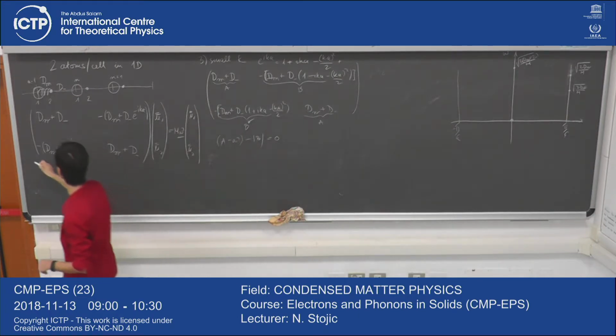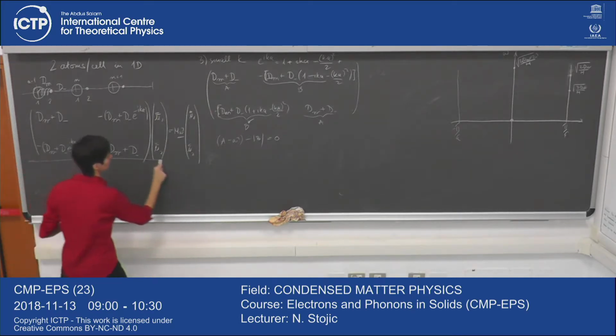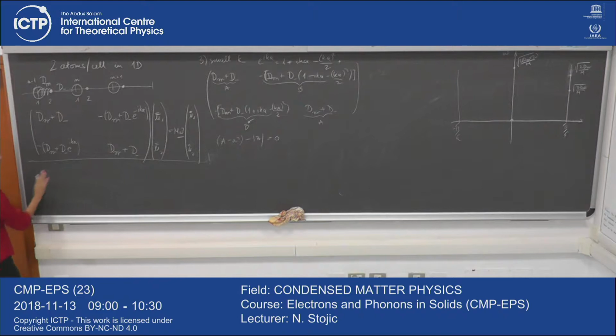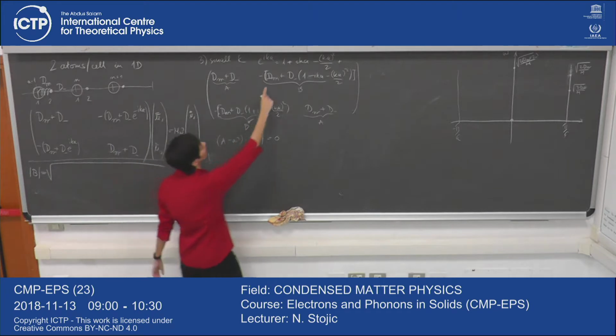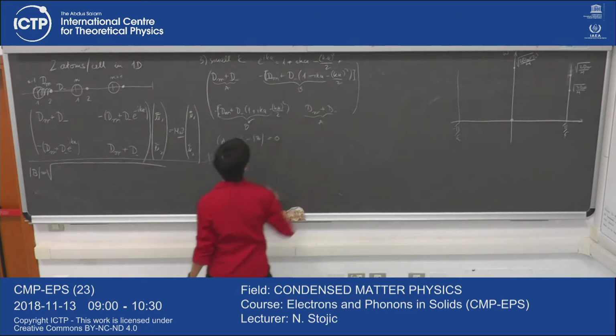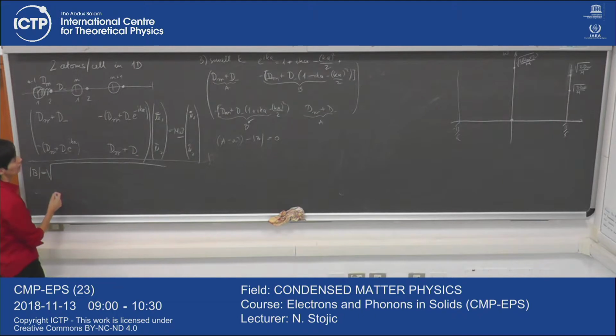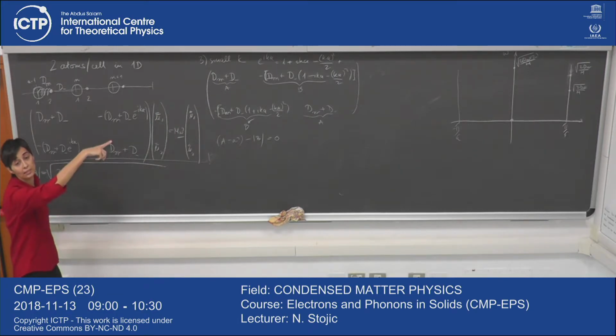Maybe I start here because it will take some writing and I want to keep some things here. The modulus of B will be a square root. Now I'm bound to make a mistake, please control me. The real part is this, this, and this. I can disregard the sign because I care about the modulus.